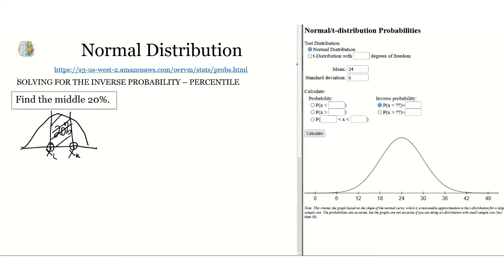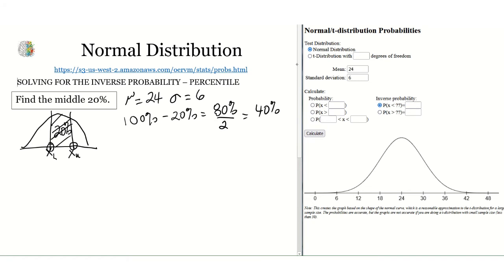So let's go ahead and use the same mean and standard deviation that we did before. The first thing we need to do is figure out our percentages. What are we solving for? If I take 100% minus 20%, that's going to give me 80%. Then I divide that by 2, which gives me 40%.